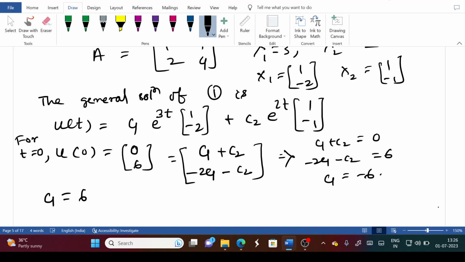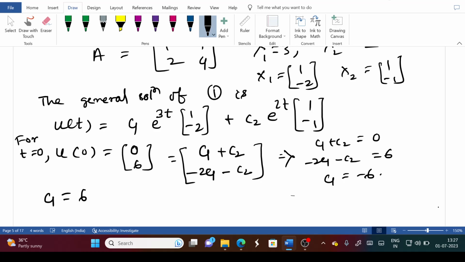Then here -2C1 - C2 = 6. Whatever it is, I feel it is correct.